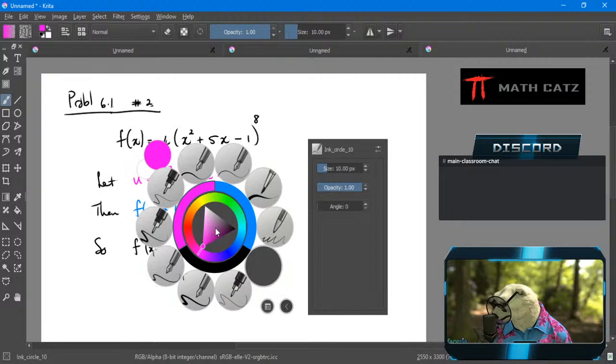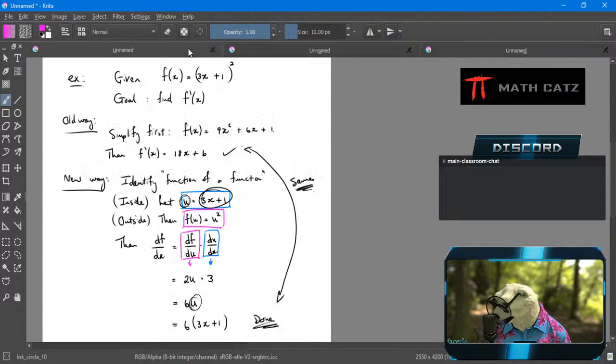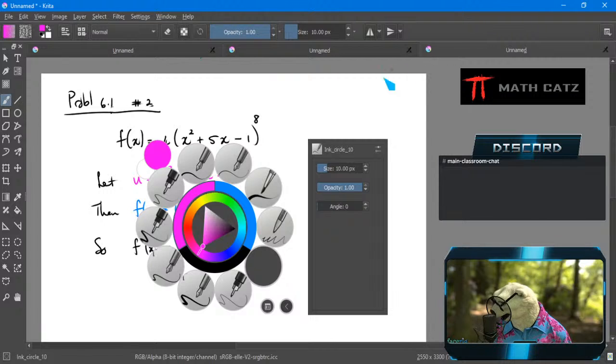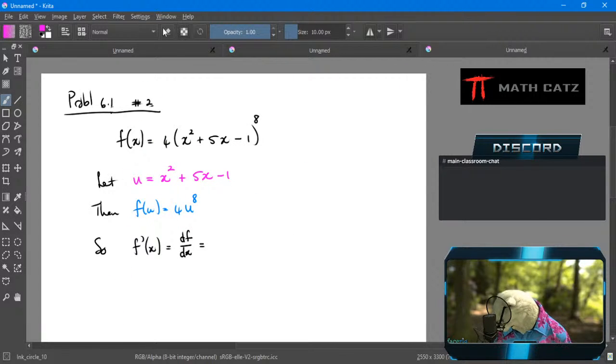First part, whoops, did I do the colors right? Oh, I swapped them. Man, let's go back. My outside function was pink. My inside function was blue. I don't want to confuse people if they match answers and try to see similarities.